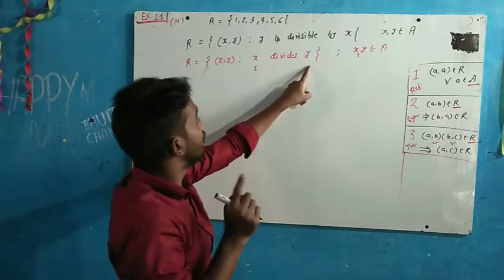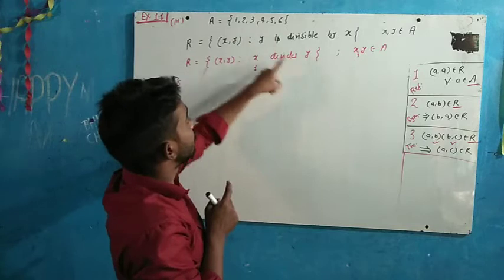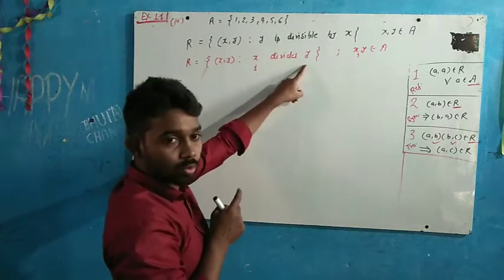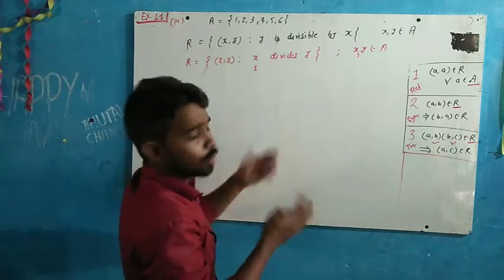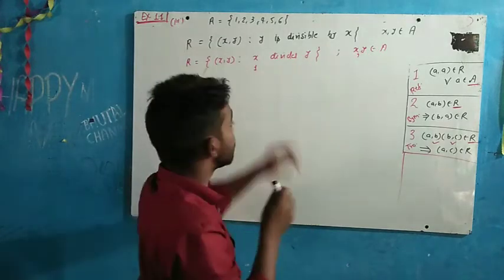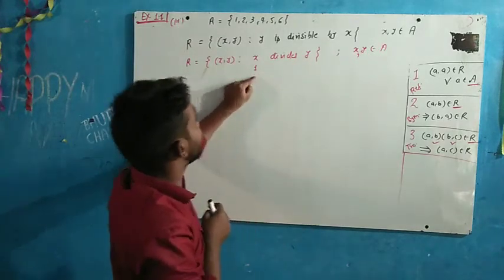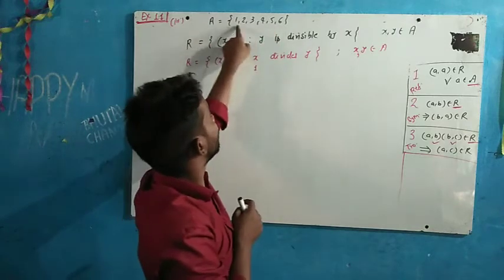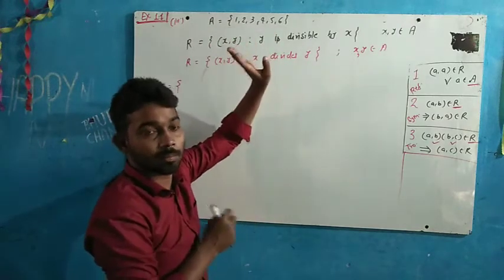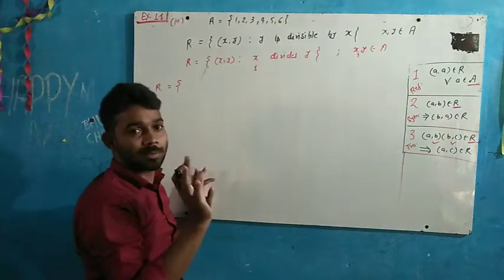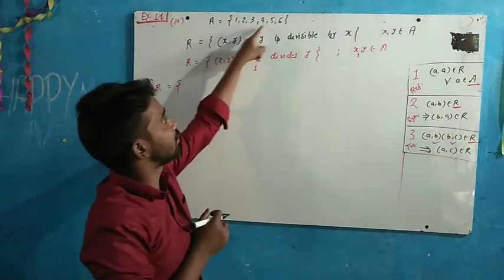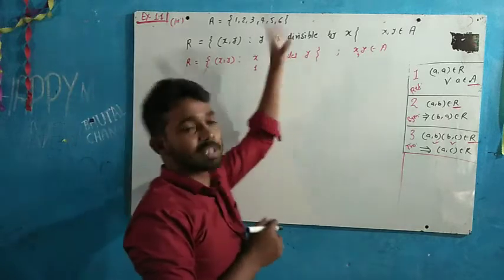Yes, it is true. And next value of Y is 2. 1 divides 2, it is also true. Now Y value 3. Since we know very well 1 divides everybody, 1 is connected with all the elements of capital A. Because if you put any value of Y, we will get a true statement, whether Y is 1, 2, 3, 4, 5, or 6, because 1 divides every number.